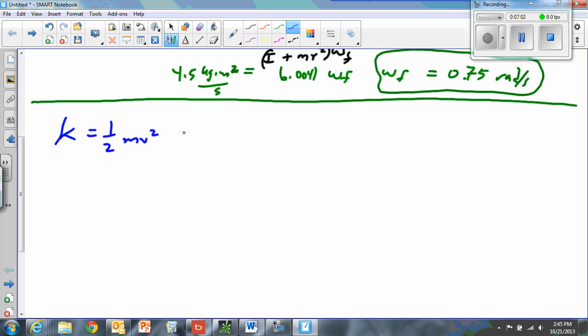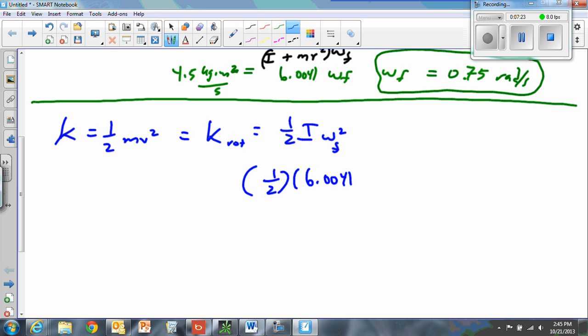But remember, for rotational, K rotational is 1/2 I omega squared. Remember, I is like m, and omega is like v. This is going to be omega final because they've hit. So all I'm going to do is put in 1/2 times 6.0041. I've already figured that out.